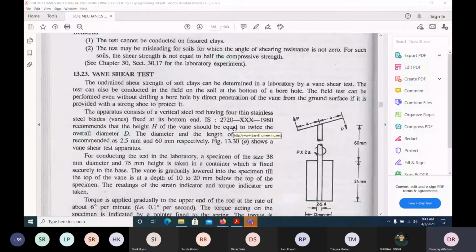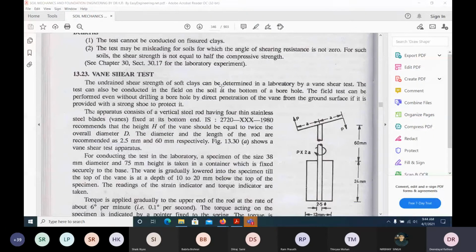Anyway, so this is the vane shear test. I will show some video, then only you will understand better, because in an online class we have this privilege to show some videos so that you can further understand. As the name suggests, some vanes would be there.